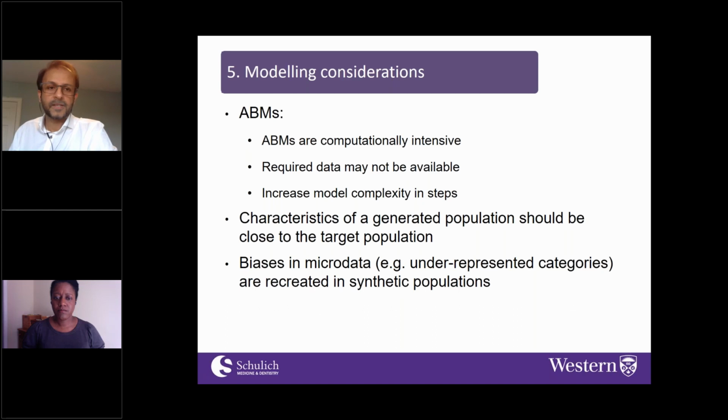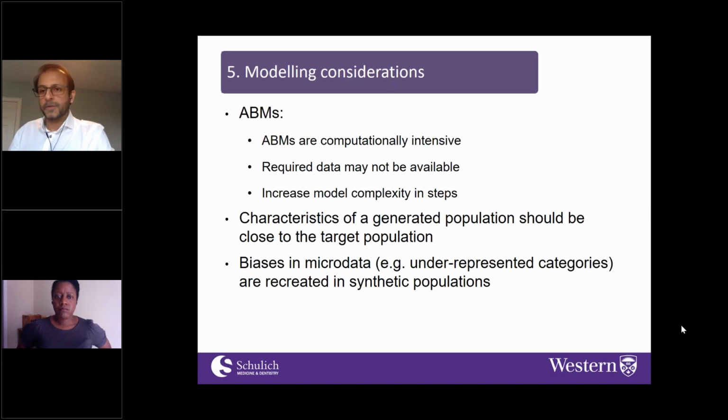The next thing is when you move towards agent-based models or individual-based models, and there are different names and different formulations of these models that exist. They may be more accurate and may better reflect the social factors better than population-based models.